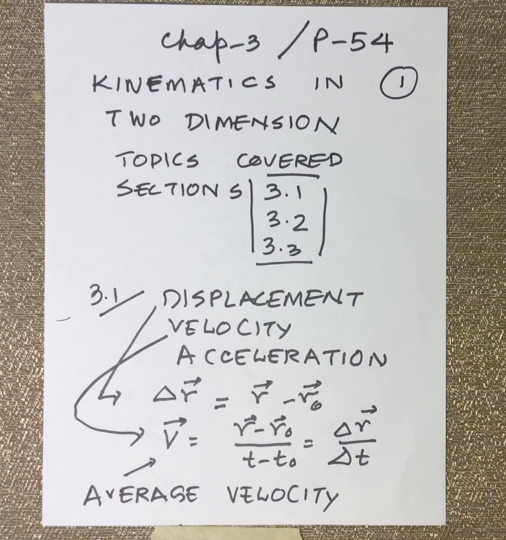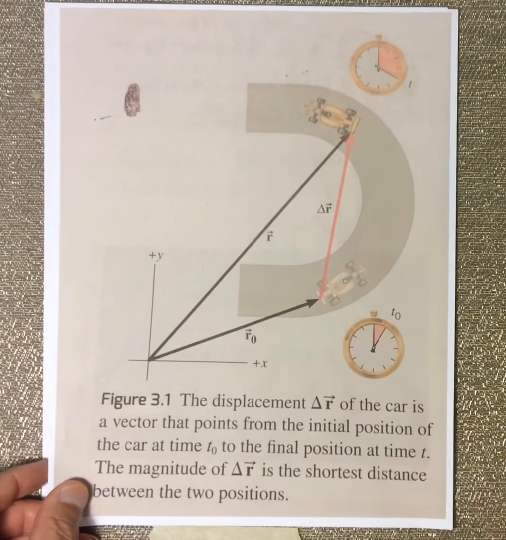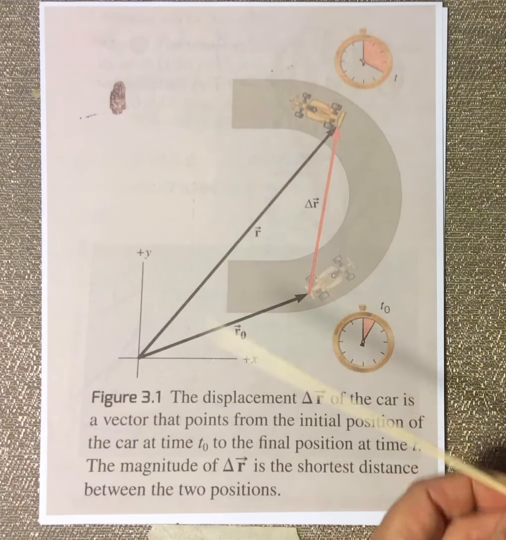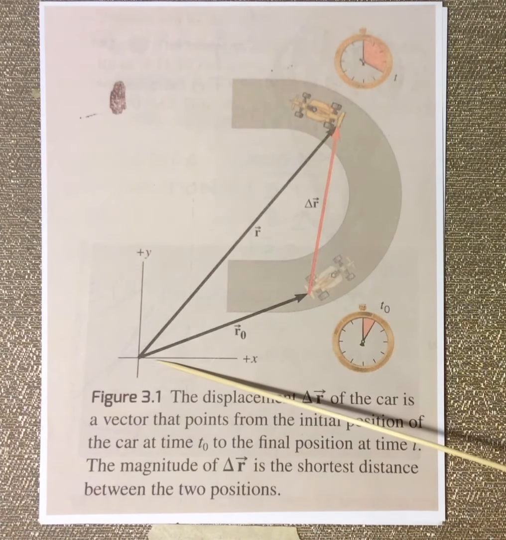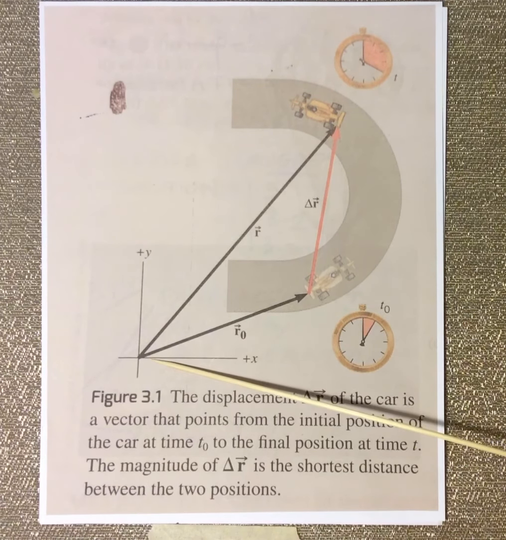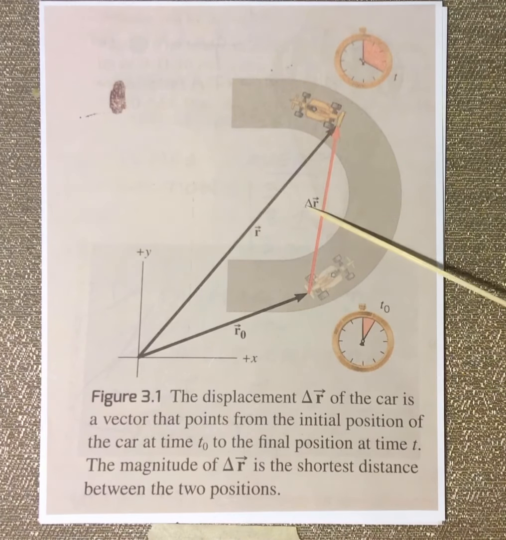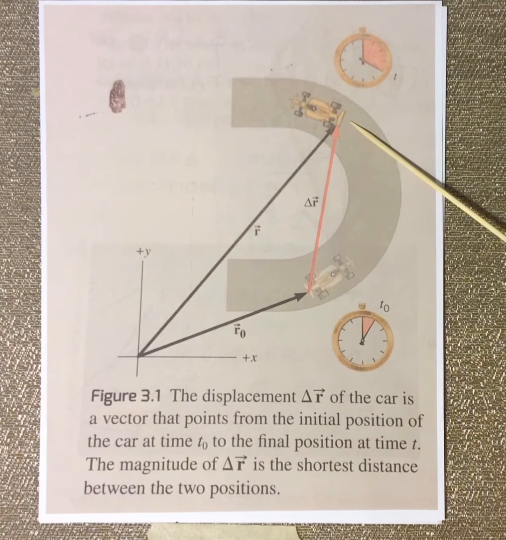I have the first figure. The car is moving from rest right here with a velocity initially v0, and the final velocity is v.